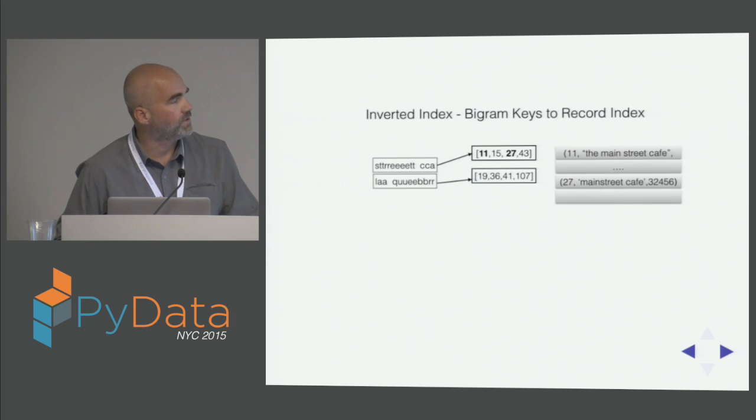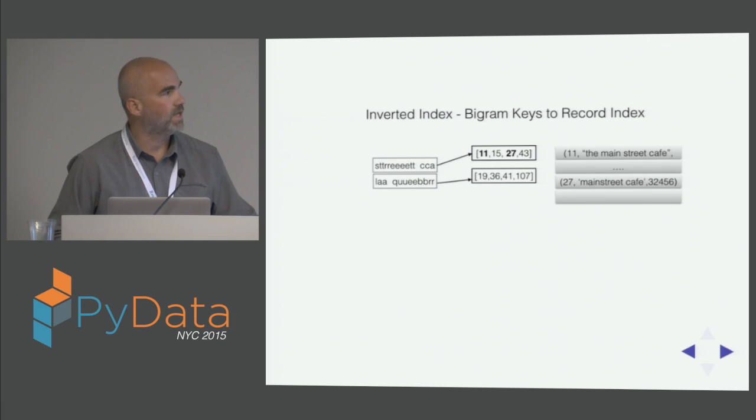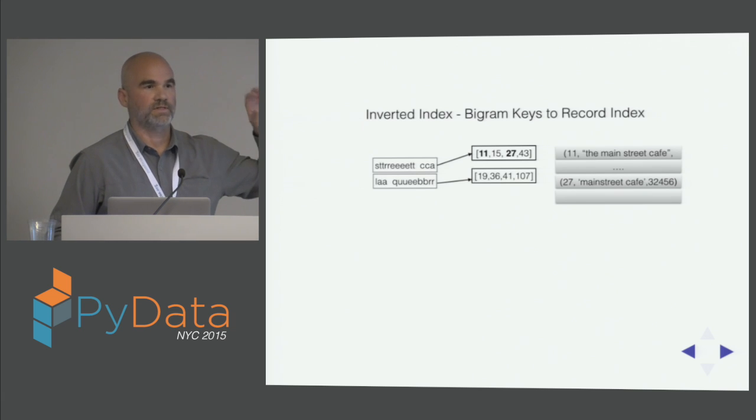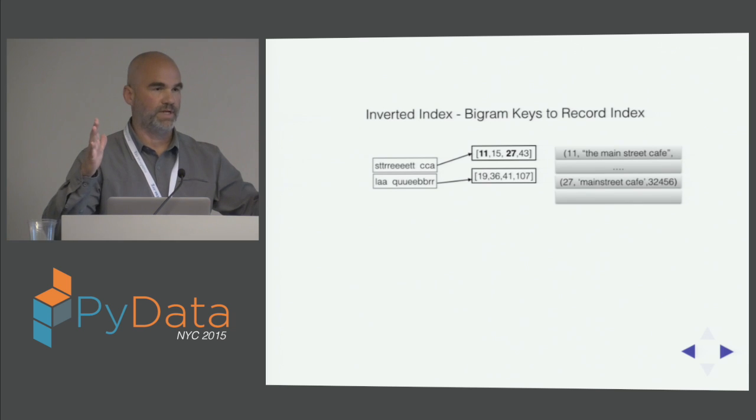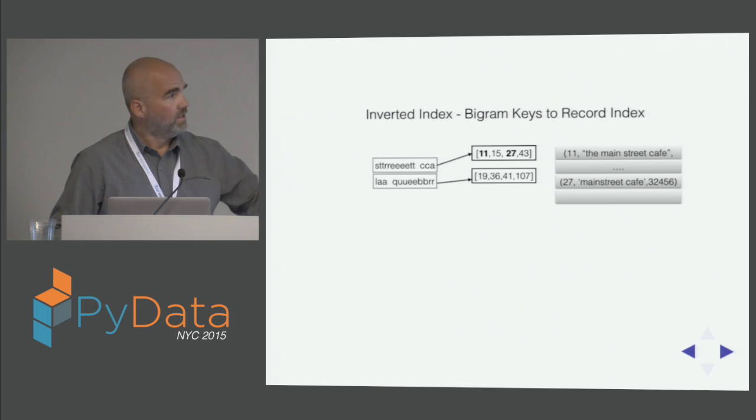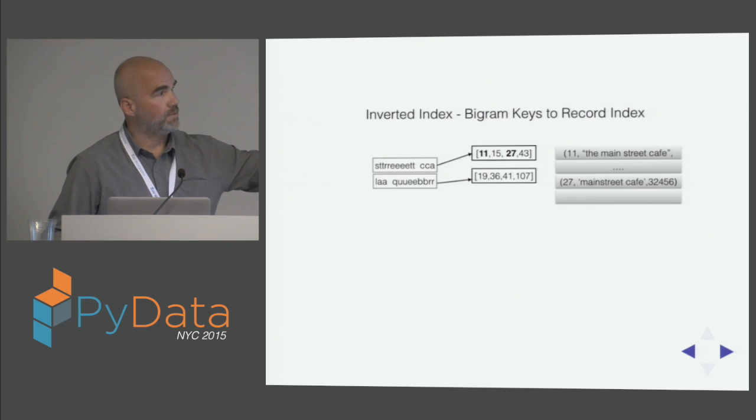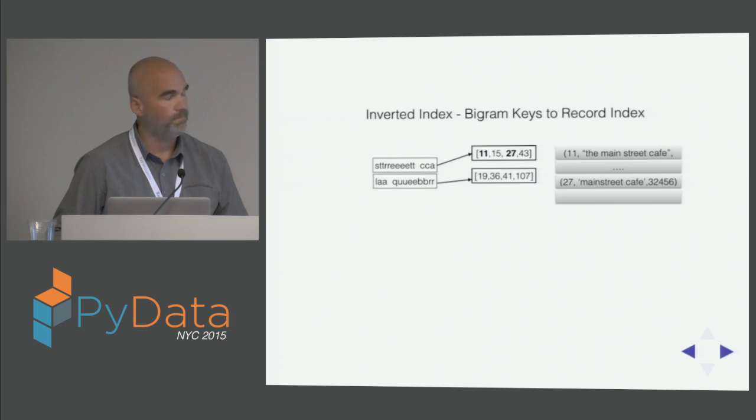I made this picture hoping that it would be a little bit clearer what's happening. The things on the left are basically the index elements, so they're sets of bigrams that have been put together into a 16-character string, and those two names there are in fact the same place, and you can see that they share that top key there.